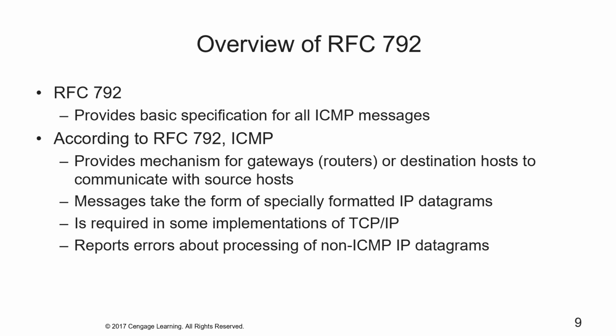It's required in some implementations of TCP/IP, and it reports errors about processing of non-ICMP IP datagrams. Although RFC 792 was published in 1981, it defines a primary function of and blueprints for ICMP messages to today. It's been updated by RFCs 950, 4884, 6633, and 6918.